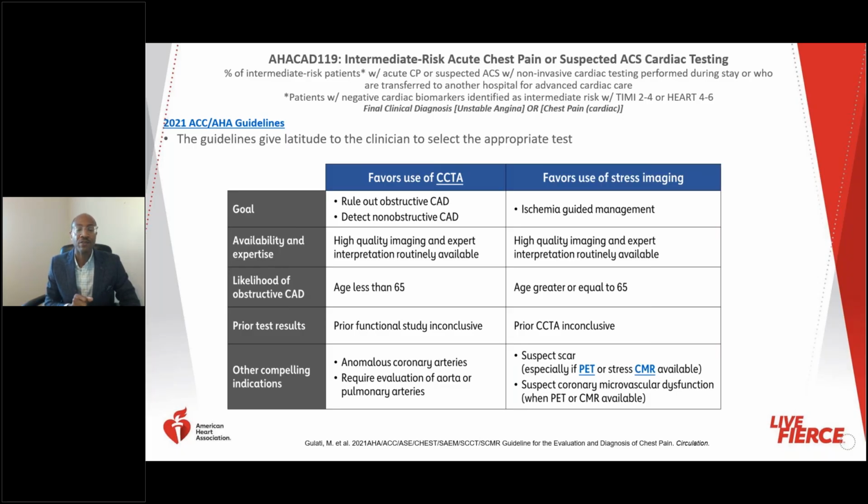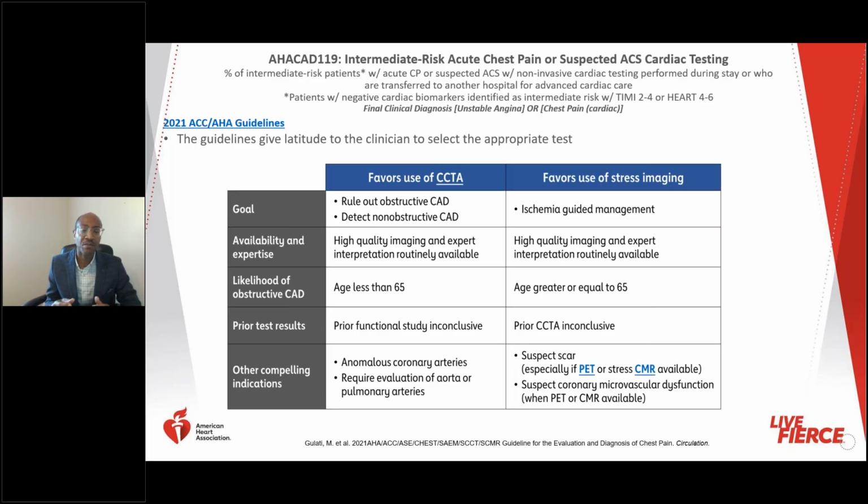Just to highlight, because this is a really complicated discussion: cardiac CT versus nuclear stress imaging versus stress MRI versus FFR CT versus stress echocardiography. Currently, the recommendation is to identify and understand what test may be best for your patient, recognizing that there are limitations, strengths, and weaknesses to each of the testing modalities specifically.